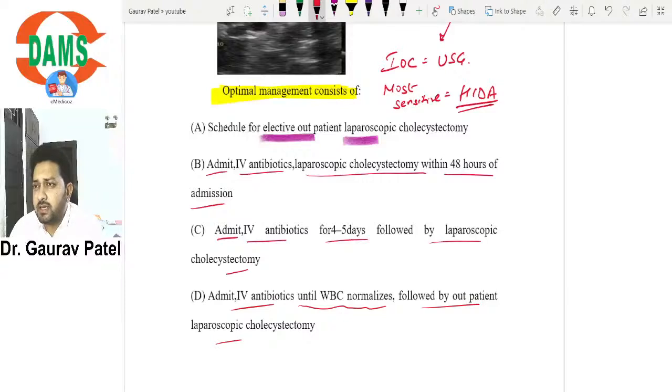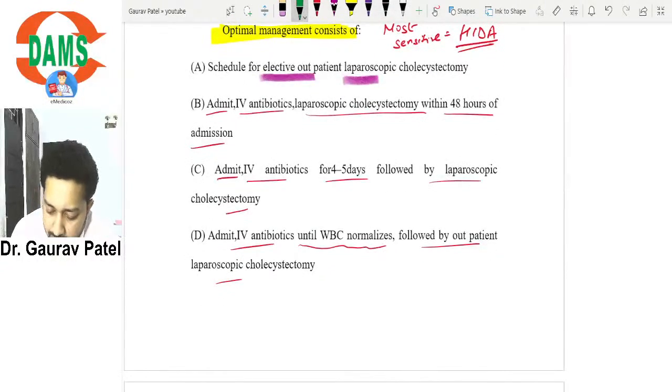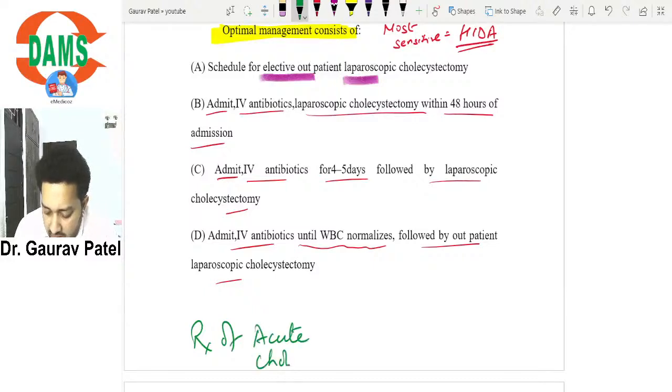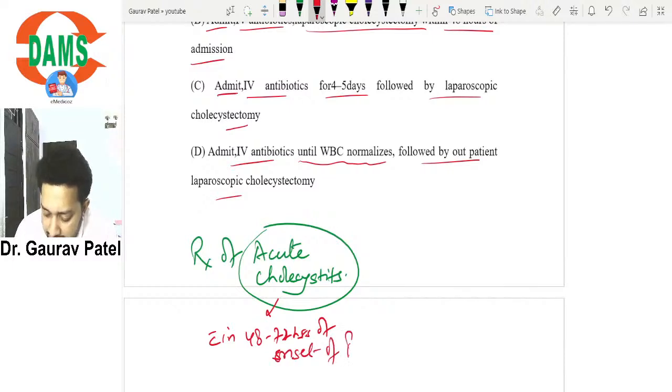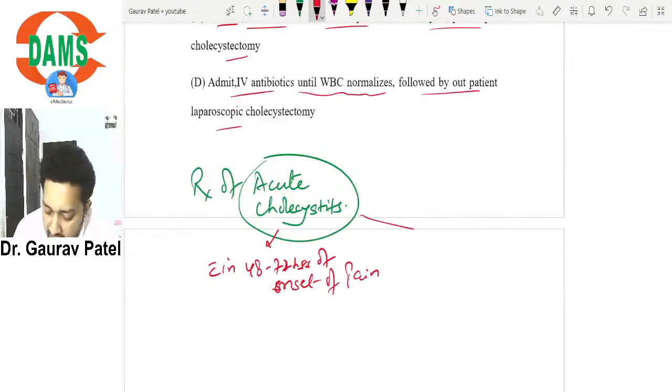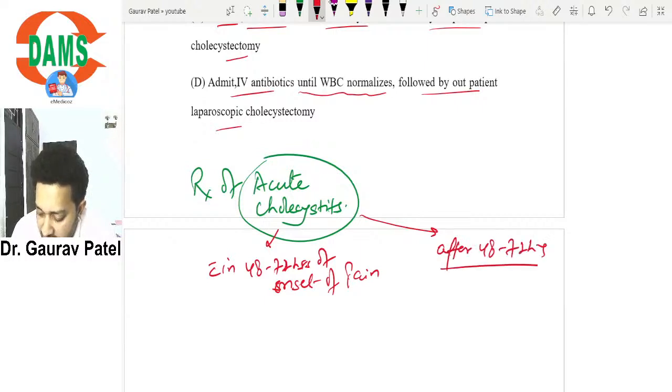Treatment of acute cholecystitis depends on when the patient is presenting, within 48 to 72 hours of the onset of pain, and the treatment is different if the patient comes after 48 to 72 hours.